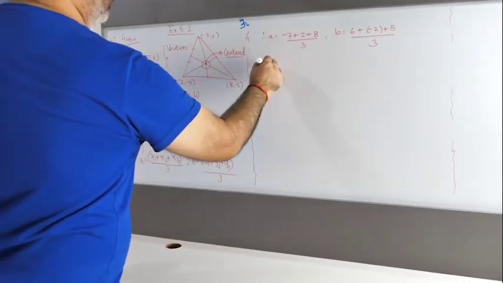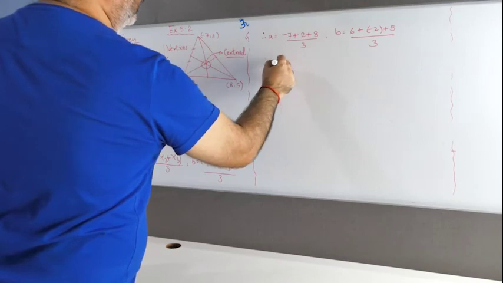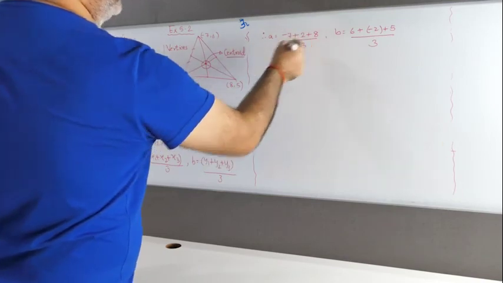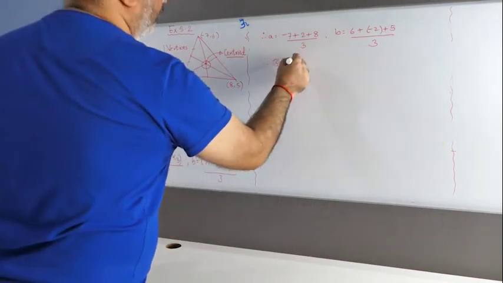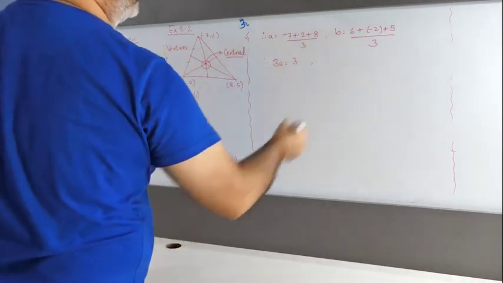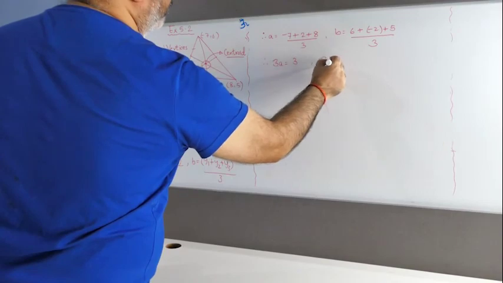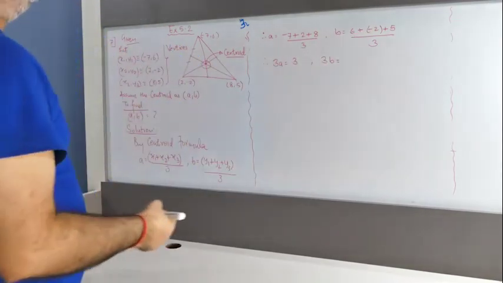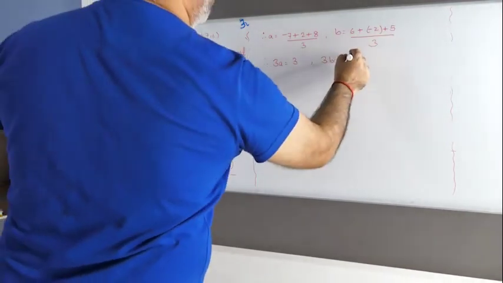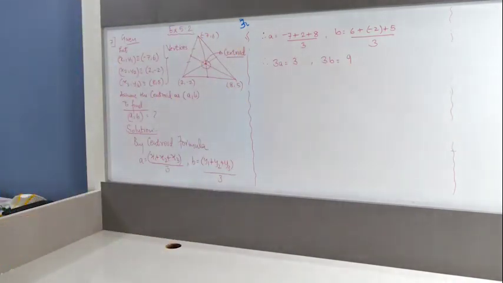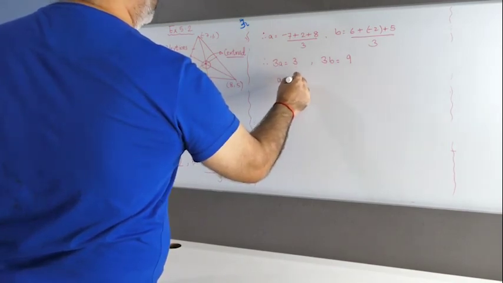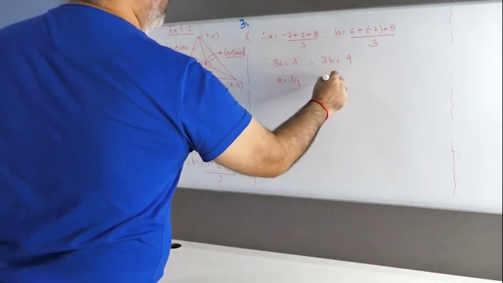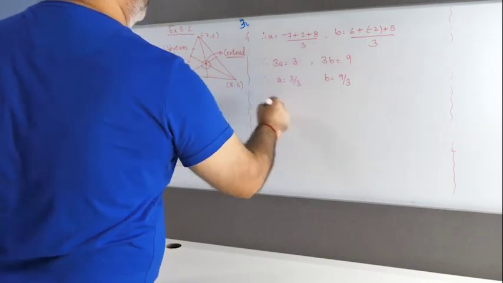Therefore, 3a is equal to minus 7 plus 2 gives you minus 5, plus 8 gives you 3. So you have 3a equals 3. Here you have 3b equals 6 minus 2 gives you 4, 4 plus 5 gives you 9, so you've got 9 this side. So 3a is equal to 3, 3b is equal to 9. Therefore, a equals 3 upon 3, b equals 9 upon 3.